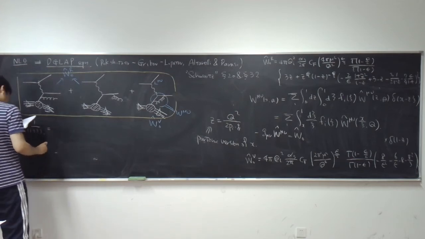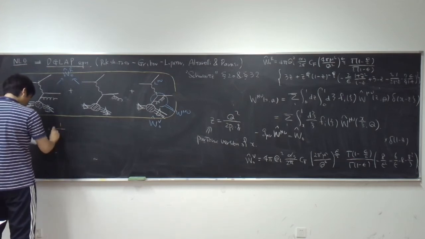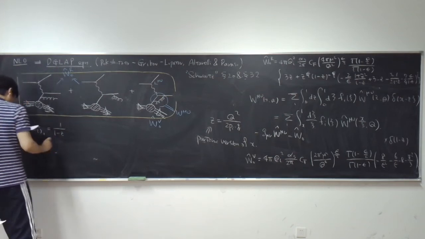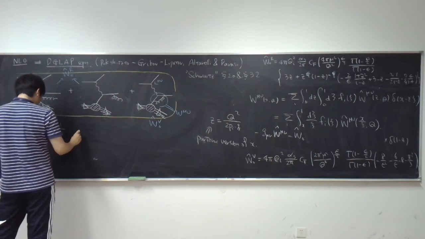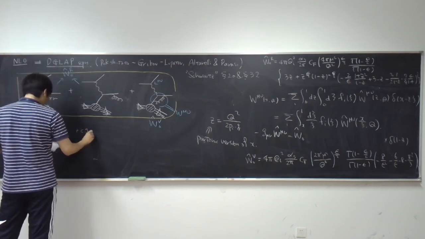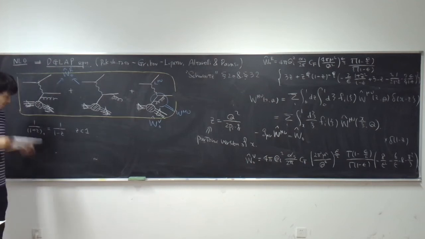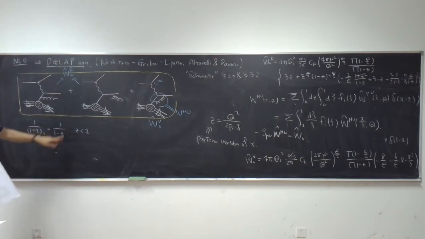I don't know how they introduced this notation. When z is less than 1, this plus function is equal to 1 over 1 minus c. But of course, when z equals 1, it has a problem, so I have to treat it very carefully.